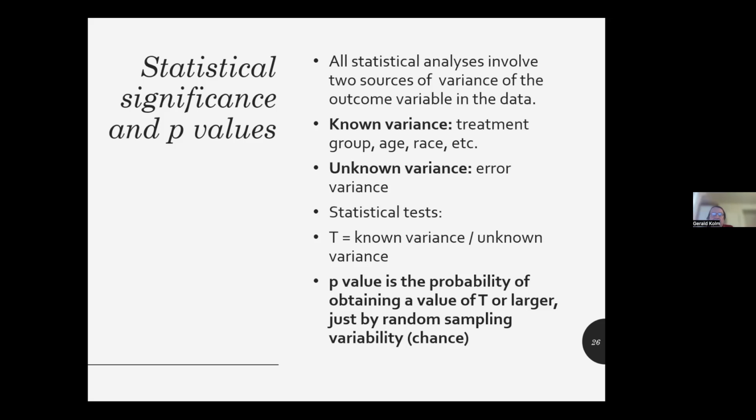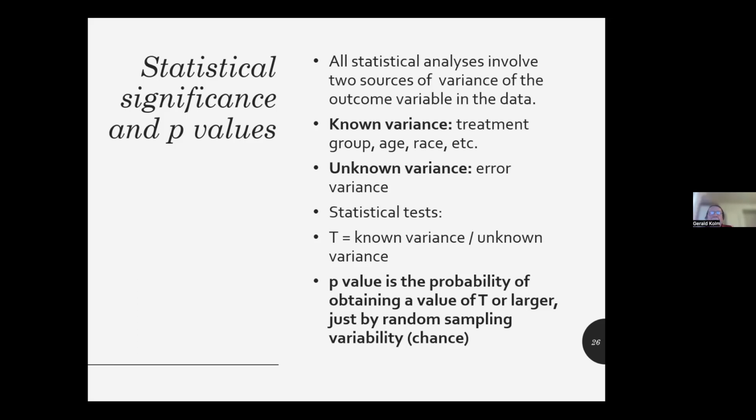And then the p-value that we get from this statistic of known variance over unknown variance, which will be one of the distributions, a normal distribution or t distribution or chi-square distribution, the p-value associated with that t statistic means the probability of obtaining a value of t or larger just by random sampling variability.